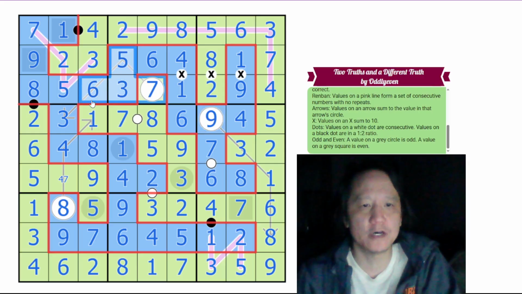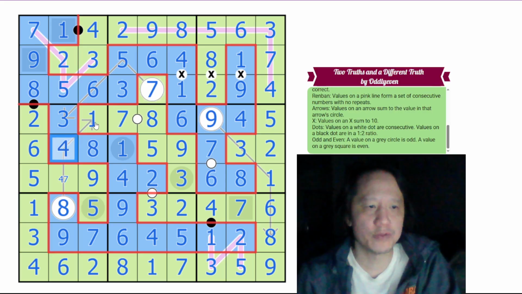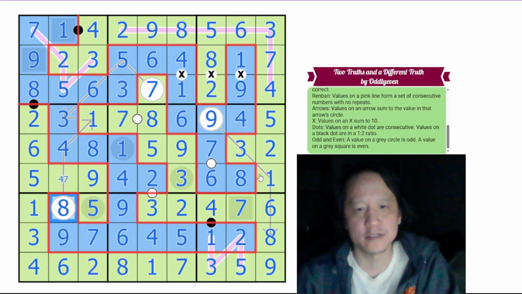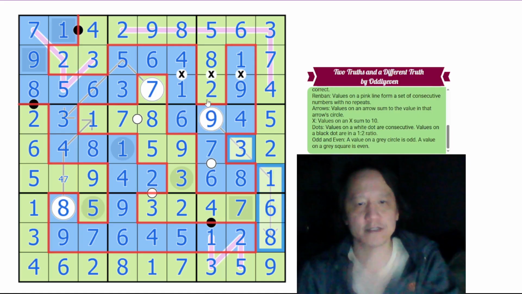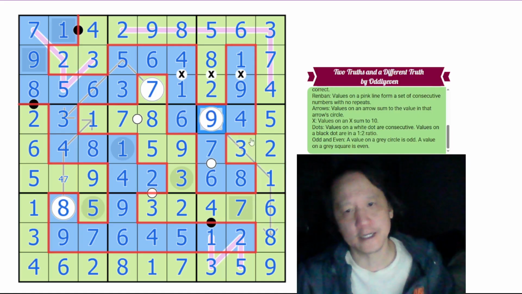For the arrows the other way, if blue is not doubled, 3, 5, and 6 add up to 14, which is 7 doubled. 4 plus 1 and 7 doubled, which would be 8, 16. That obviously doesn't add up to 8. And then 3, 1, 6, 8 doubled obviously does not add up to 9.